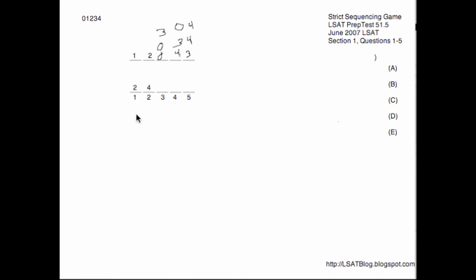In the bottom possibility, since we've already used up 2 and 4, we only have the variables 0, 1, and 3 remaining. So same thing, only 3 possibilities emerge. We could have 0 on 3 and 1 on 5. We could have 0 on 3 and 3 on 5. Or we could have 1 on 3 and then have 3 on 5.